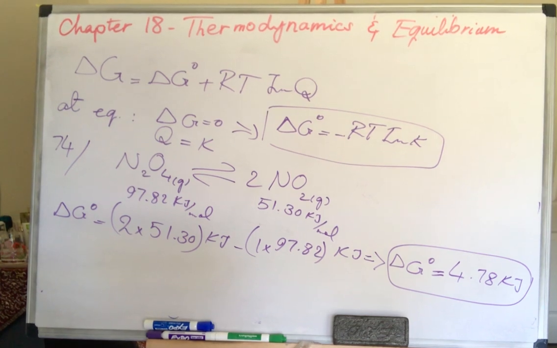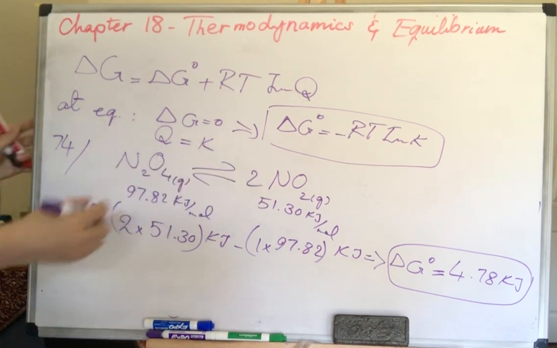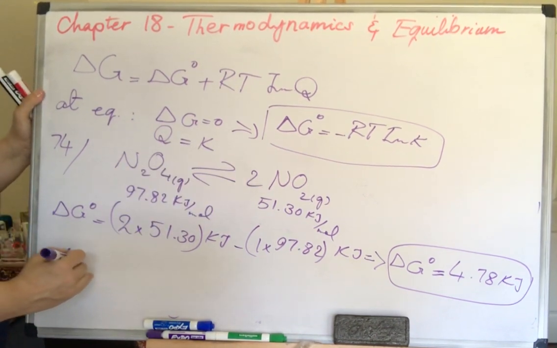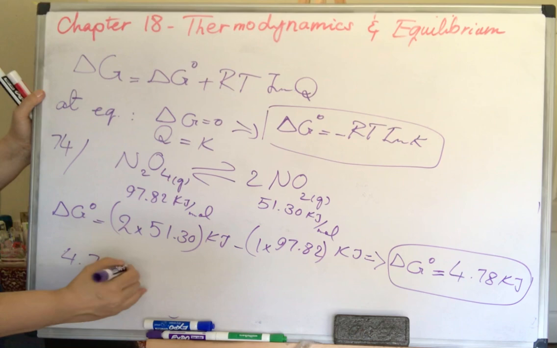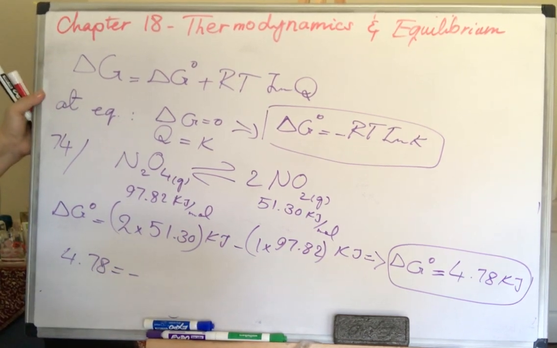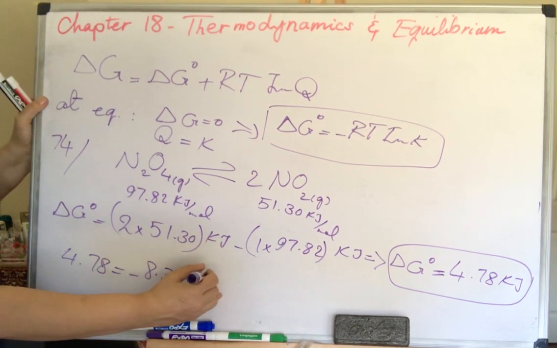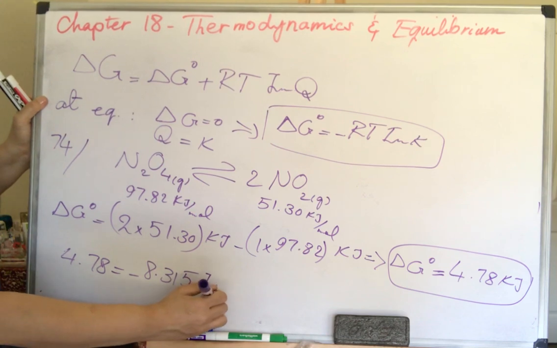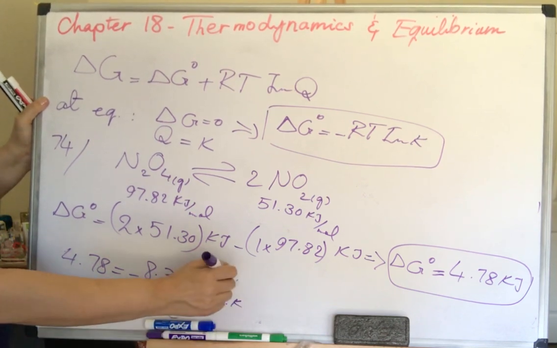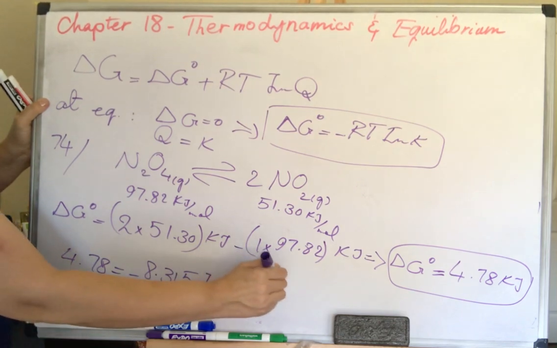What are we supposed to find here? Calculate the value of a thermodynamic equilibrium constant. So we have delta G standard now. 4.78 is minus RT ln K, with R as 8.315. We're talking about joules, so it's joule per mole Kelvin. T, temperature was how much? 298 Kelvin.